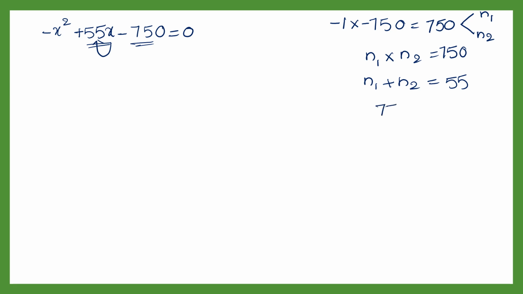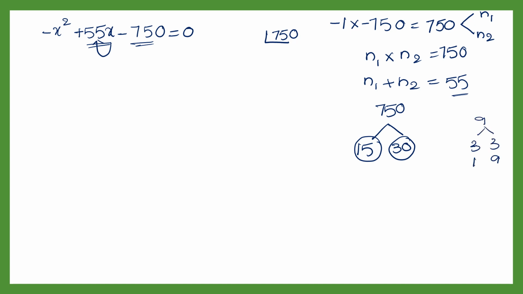So we should write 750 as a product of two terms. 750 is a big number, right? So splitting, 15 into 50 is 750. 15 plus 50 is 65, but we need 55. As this is a big number, finding the two numbers is a bit difficult. If the number is 9, you can write 3 threes are 9, 1 nine is 9, like that.